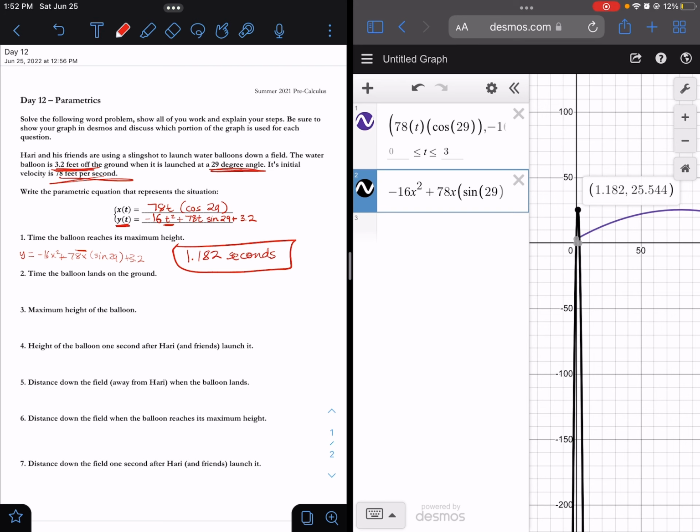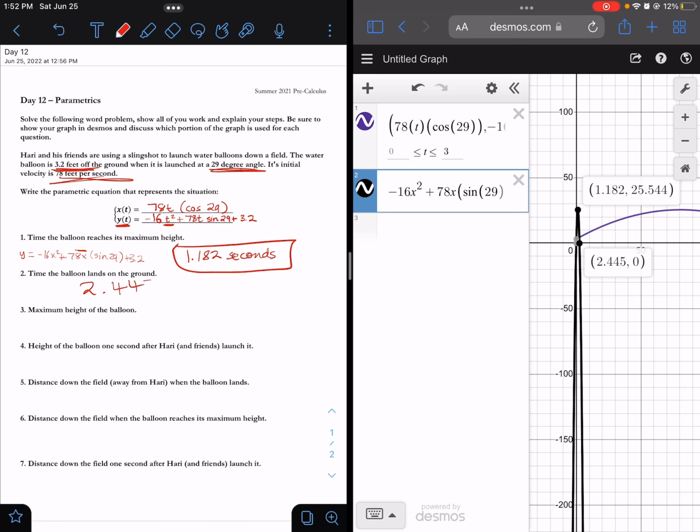Now, the time the balloon lands on the ground is going to be this point right there, because at 0 the time is 2 point something. So we're just going to use the same equation and figure out when it lands on the ground. Let's see if it makes sense on our original graph.